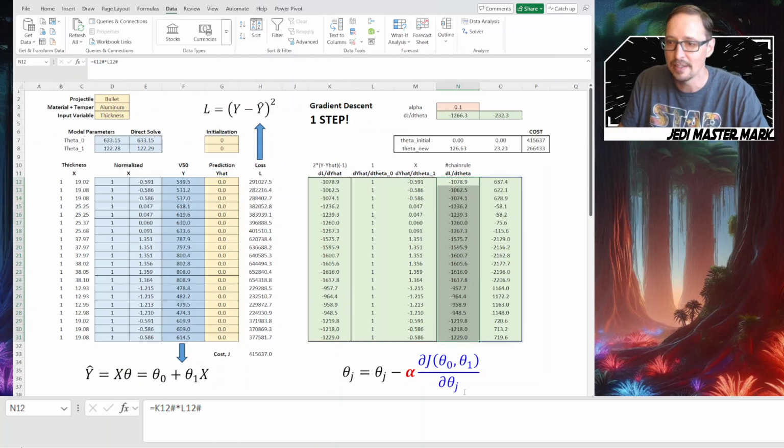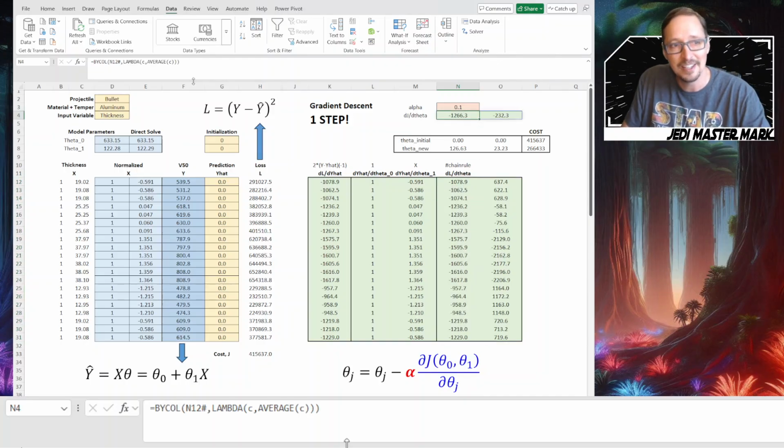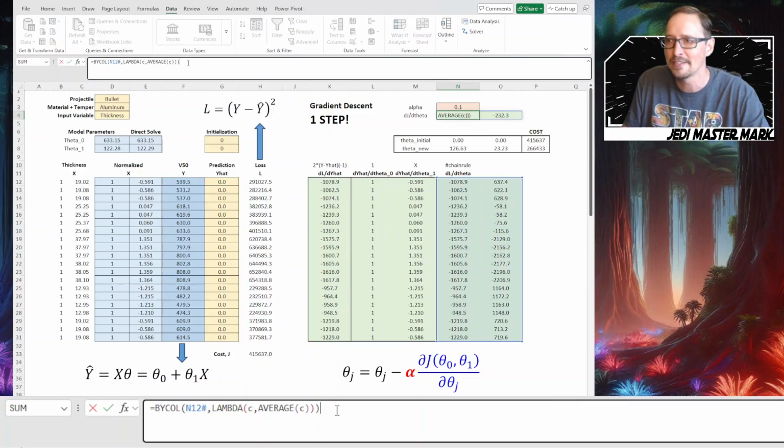So if you look at the equation down below, again, it's the derivative of the cost function, not the derivative of the loss function. So you're going to average each of these columns. I've done that up above, using this by-column function in order to create the dynamic array. What it's actually doing is, I selected everything down below in this blue box.